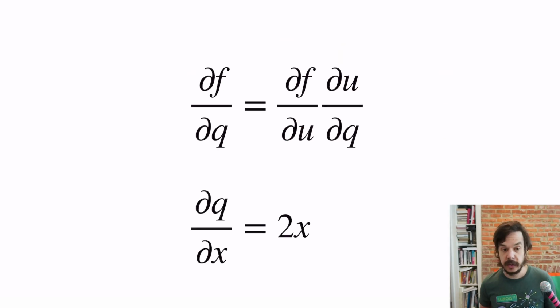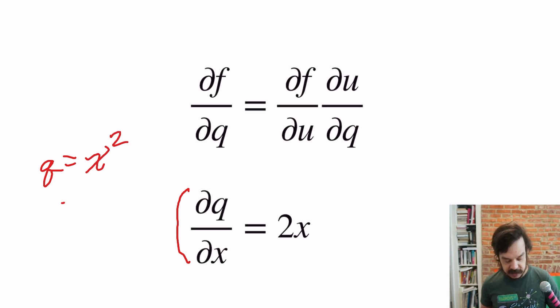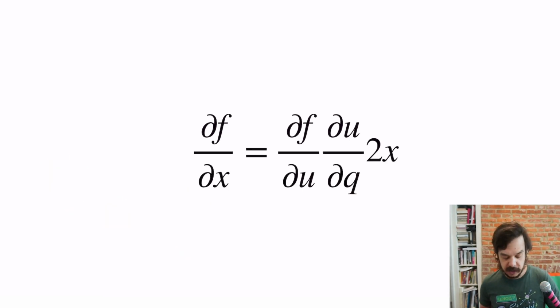And going back and doing even more substitution here, because remember, q is equal to x squared, so the derivative of q with respect to x is really just 2x. And if we substitute everything in, we now have this long-running partial derivative, the derivative of f with respect to x.